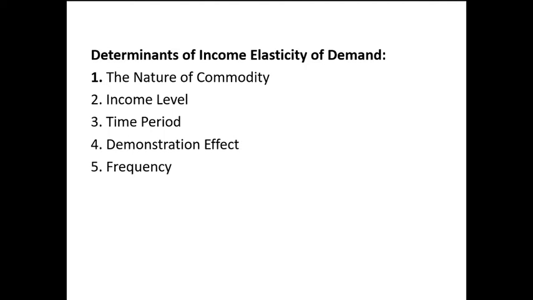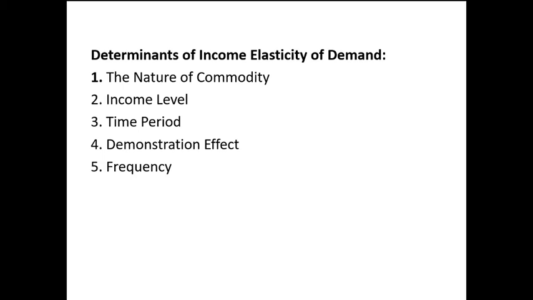Then the second one is income level. Income level may not be uniform at all places. For example, a car may be a necessary good for high income countries, and at the same time it is a luxury good for lower income countries. The third one is time period.